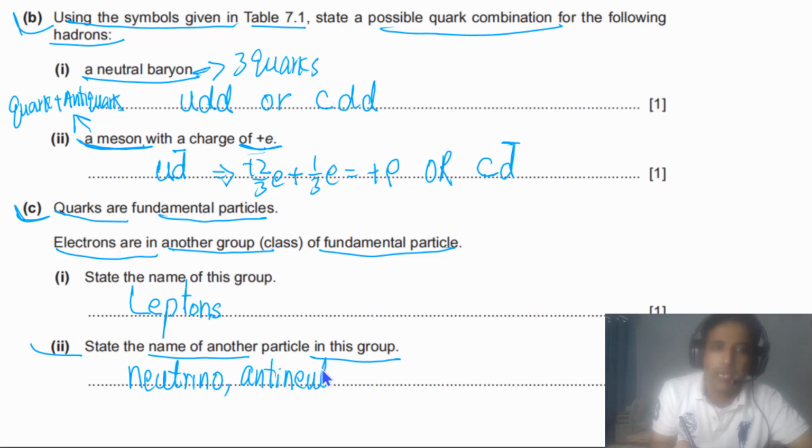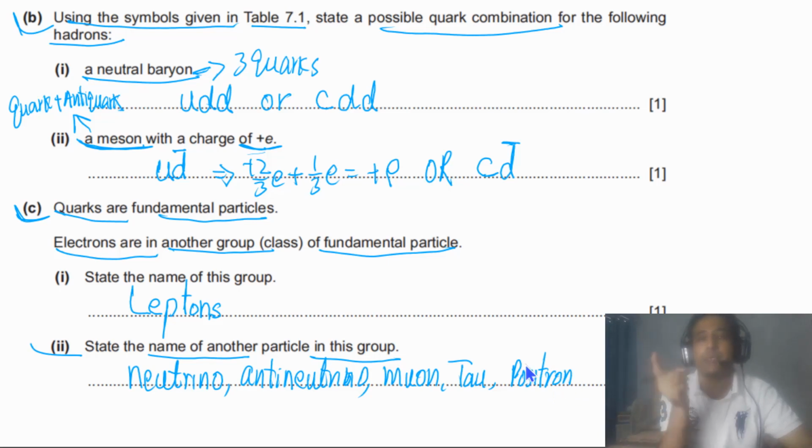You can talk about muon. You can talk about tau. You can even also talk about positron, because positron also belongs to the same family. This is the antiparticle of electron. So positron is also a fundamental particle and it also belongs to the lepton family.